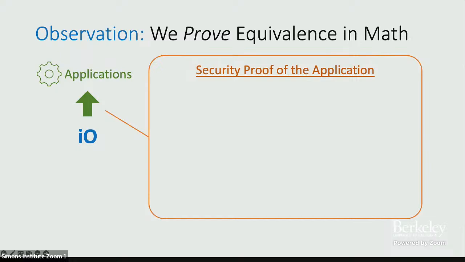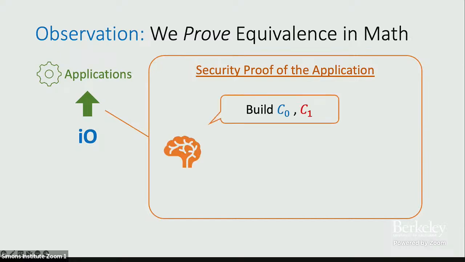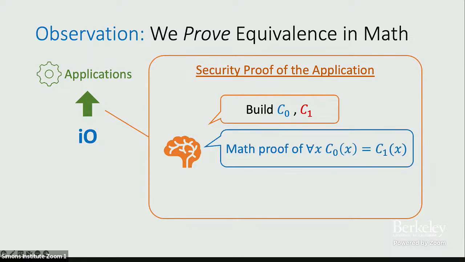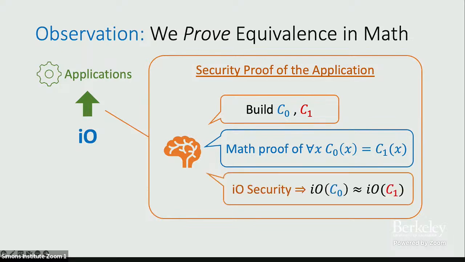And how are we going to use the I/O security to prove the security of that application? Usually, we think hard to build two programs, C0 and C1, and we write down a mathematical proof of functionality equivalence for these two programs. Only then can we apply the security of I/O to derive that the obfuscated programs of C0 and C1 are also indistinguishable. From this process, it seems that we always write down such a mathematical proof of functionality equivalence for these two circuits, C0 and C1, that we are interested in.